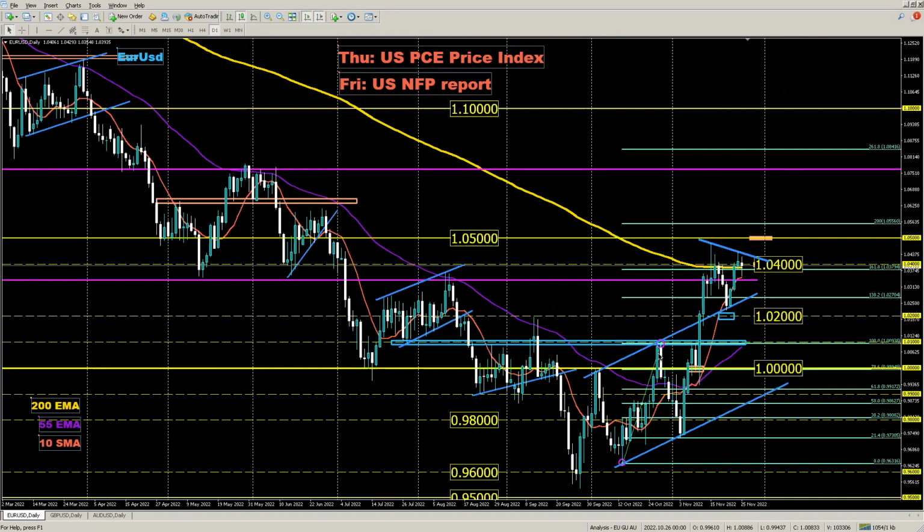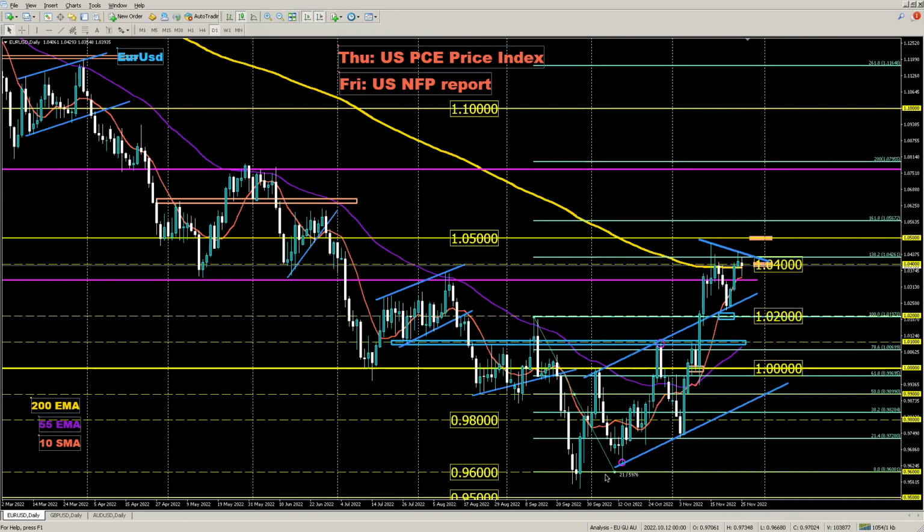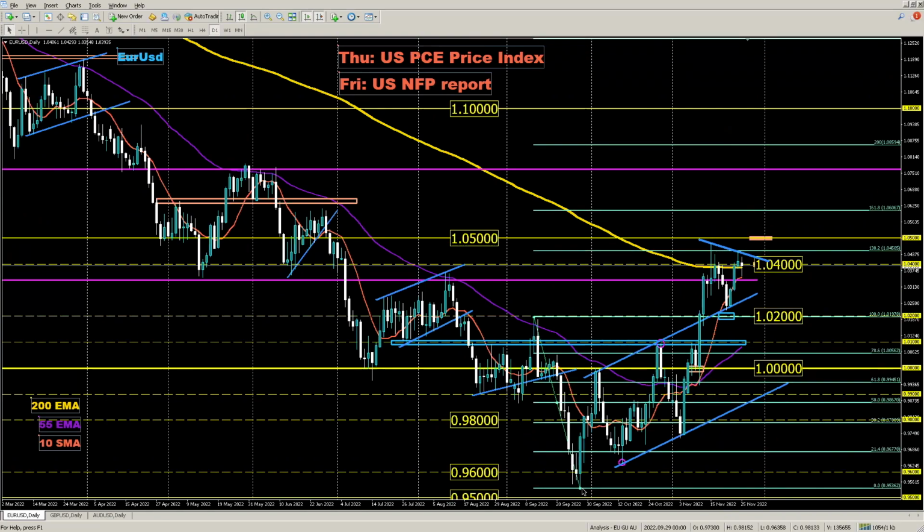And I think we can also update this fib to this reversal fib now, and look at that, it has tested the 138 fib extension and needs to break out above that and the next round figure 105 in order to test the next 162 fib extension.